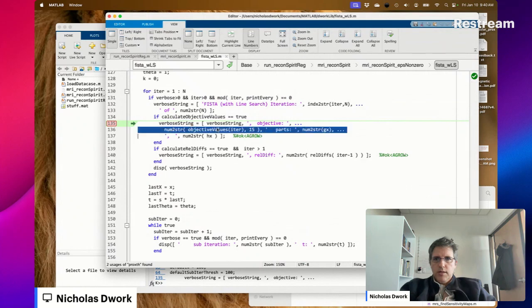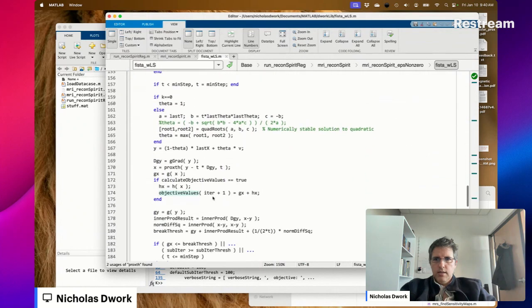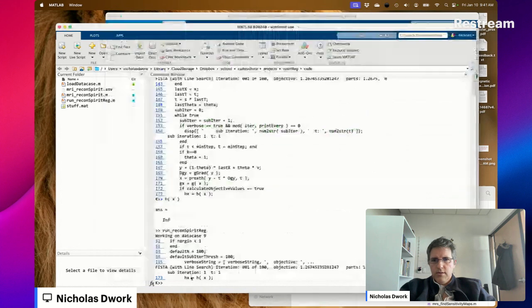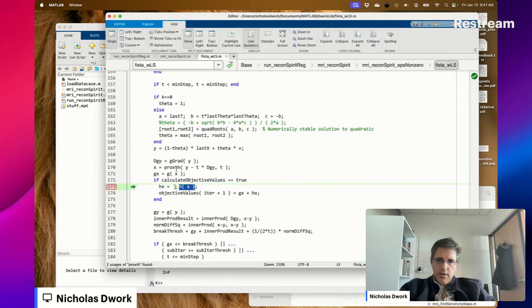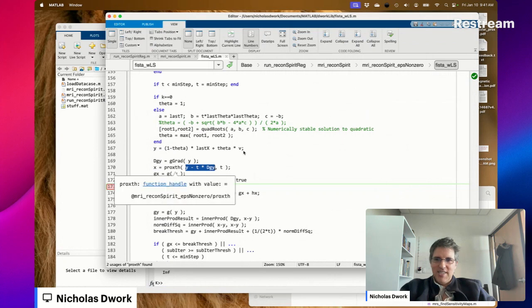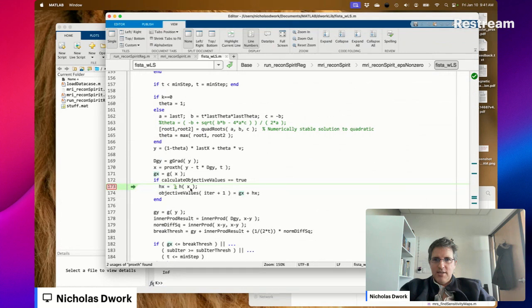Where does the objective values get set again? Here. Now is it infinity? Yes. How can that be if I just project it? Okay, so this is like the new x, then I do a projection. Where's gx get used other than there?